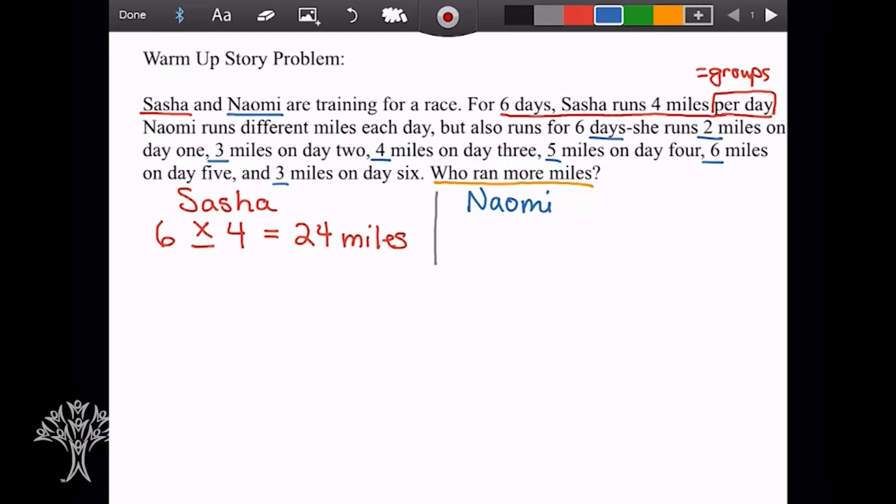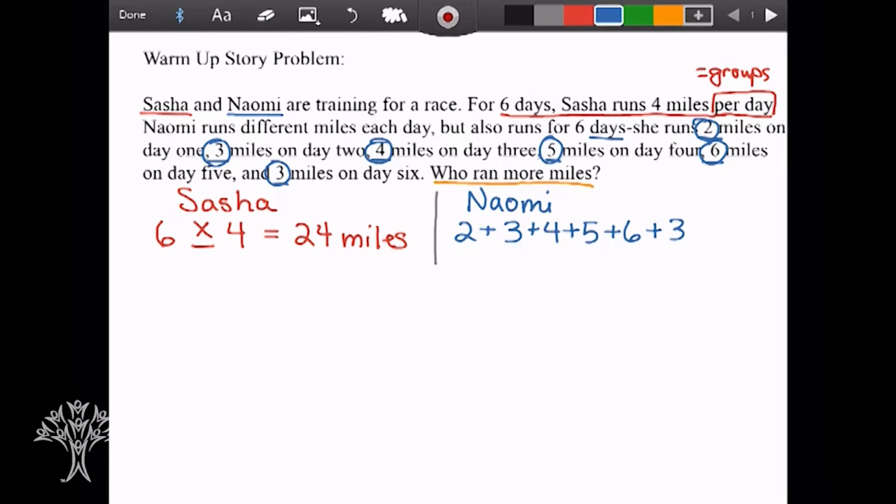Since they're not equal groups of something and we need to put them together, we have some addition to do. So I'm going to take out each number that she has, and I'm going to start putting these together. I think it's interesting that she increased her miles each day except on the last day.